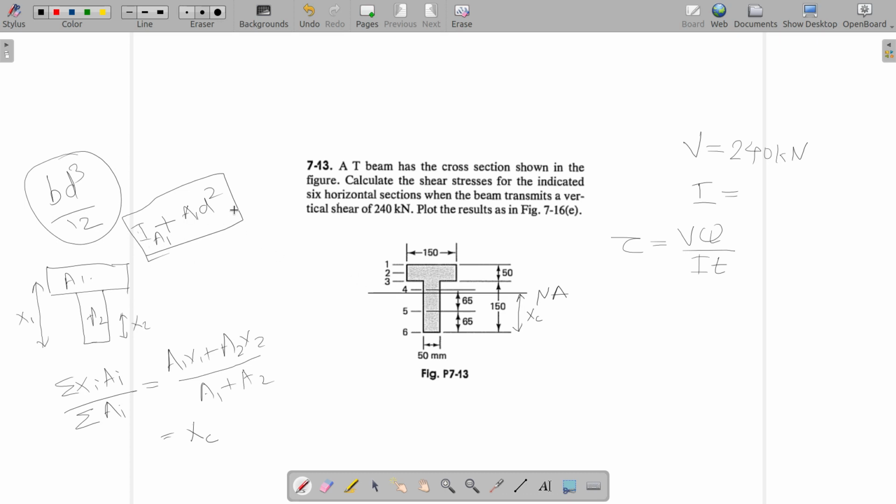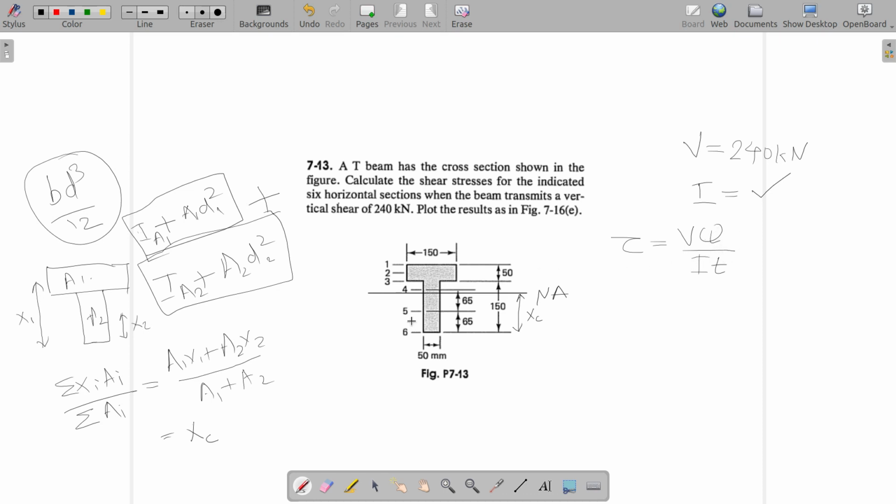This will give you the area moment of inertia about the neutral axis. Do the same for the second area, A2d2 squared, and add both of these up, and you'll get the total area moment of inertia.